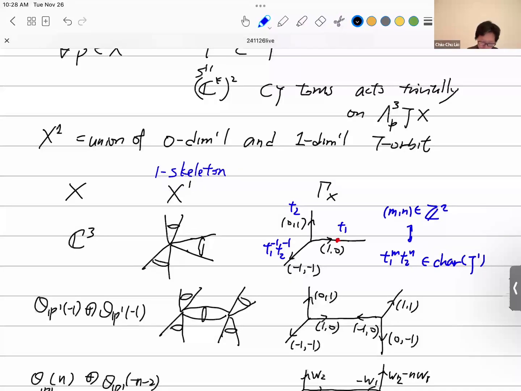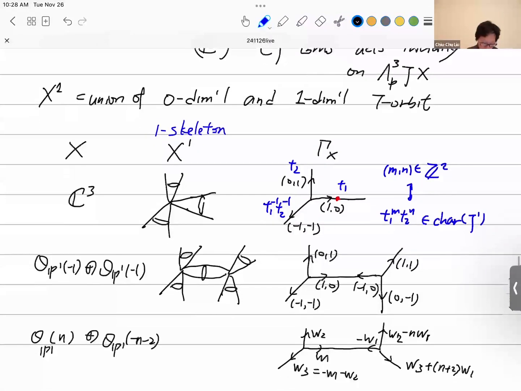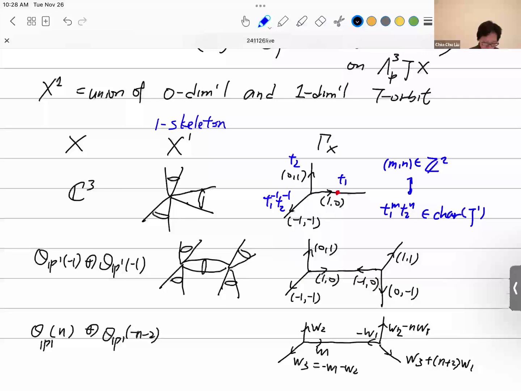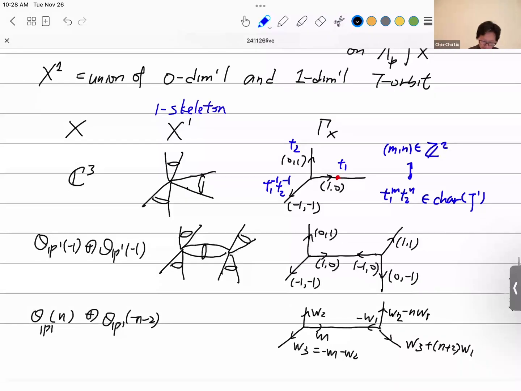More generally, if we consider the total space of a sum of two line bundles, the Calabi-Yau condition tells us the total degree is -2. So it's O(m) plus O(-m-2) over P1.